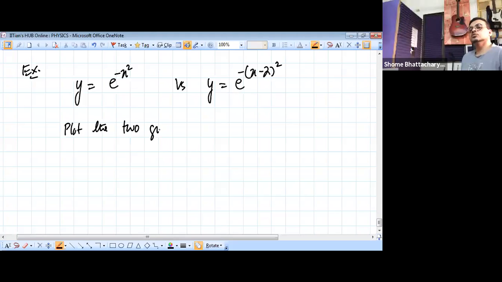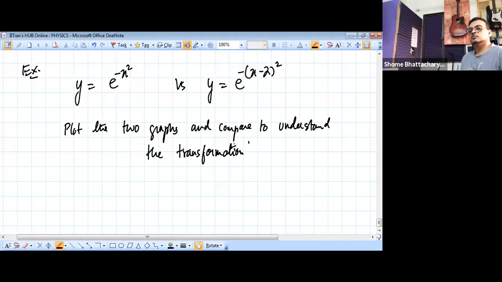Plot the two graphs and compare to understand the transformation of one to the other. Let's try this out, people.